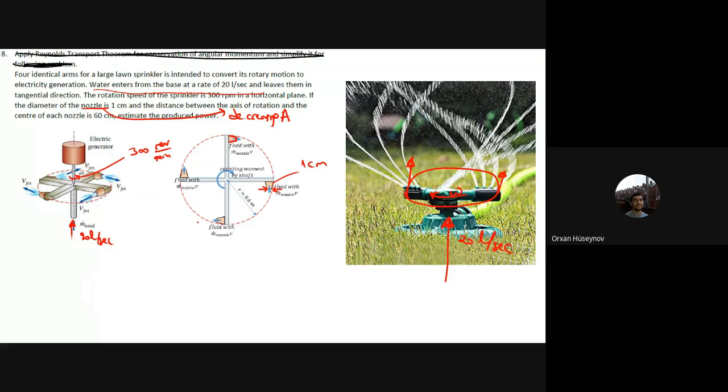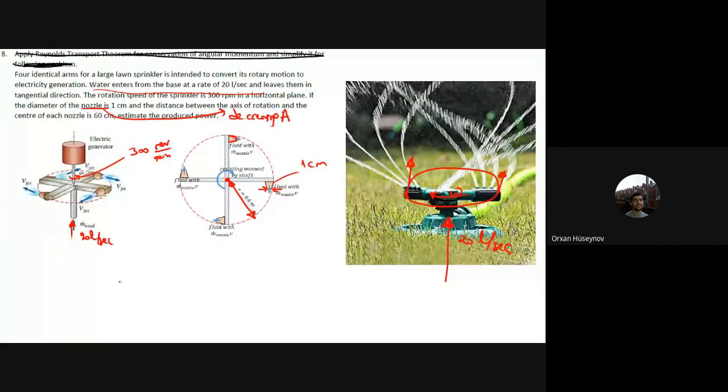And the distance between the axis of rotation and the center of each nozzle is 0.6 meters, or 60 centimeters. Estimate the produced power. Find the power that can be available for this generator from this sprinkler. The question is, how much power can we get from this sprinkler?